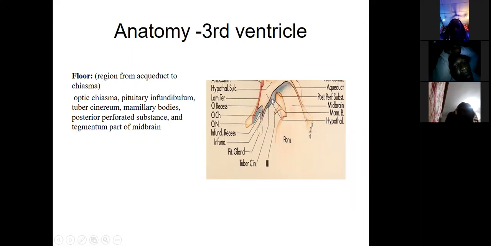So this blue colored surface here is the floor, and it is made up of the optic chiasma, the pituitary infundibulum, the tuber cinereum between the pituitary infundibulum and the mammillary bodies, the mammillary bodies, the posterior perforated substance, and the tegmentum of the midbrain. So this bluish structure represents the floor of the third ventricle.